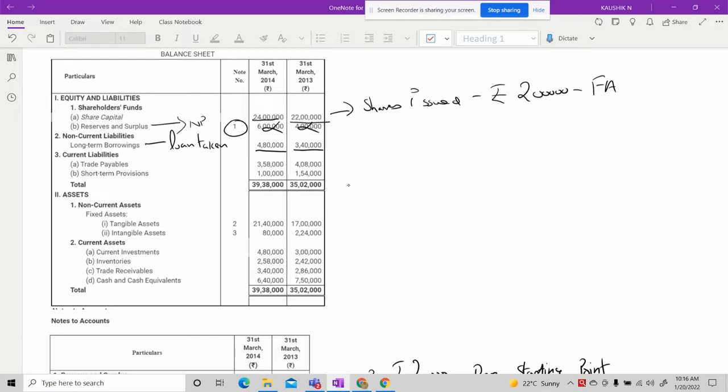In the current year it is rupees 4 lakh 80,000. This means you have taken a loan, to the extent of rupees how much? Exactly 1 lakh 40,000. And where should this appear? This should appear in our financing activity. We have raised a loan.